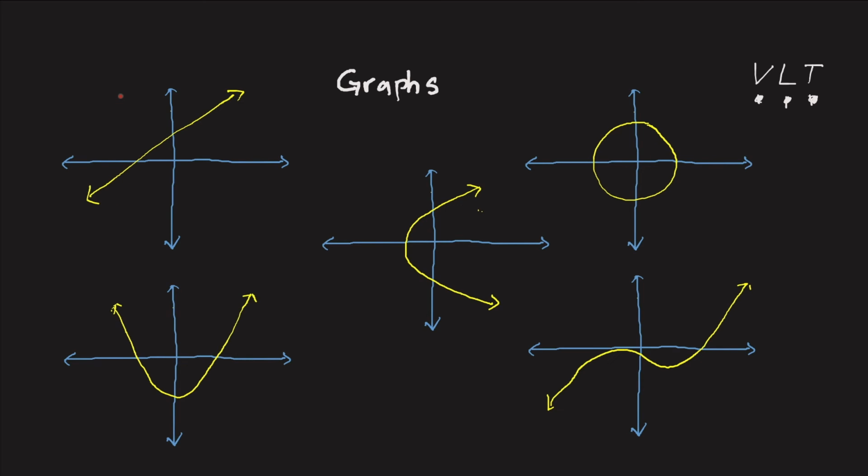We draw a vertical line anywhere along the graph. We'll see that this vertical line passes through the graph at exactly one point. Here, here, here, here. Anywhere along the graph, the vertical line passes through that graph at exactly one point. So we say that this graph is a function.